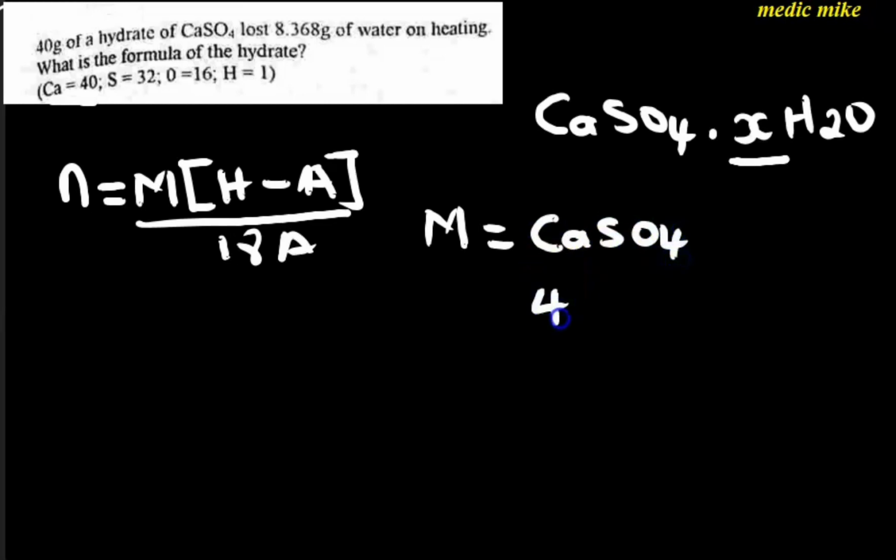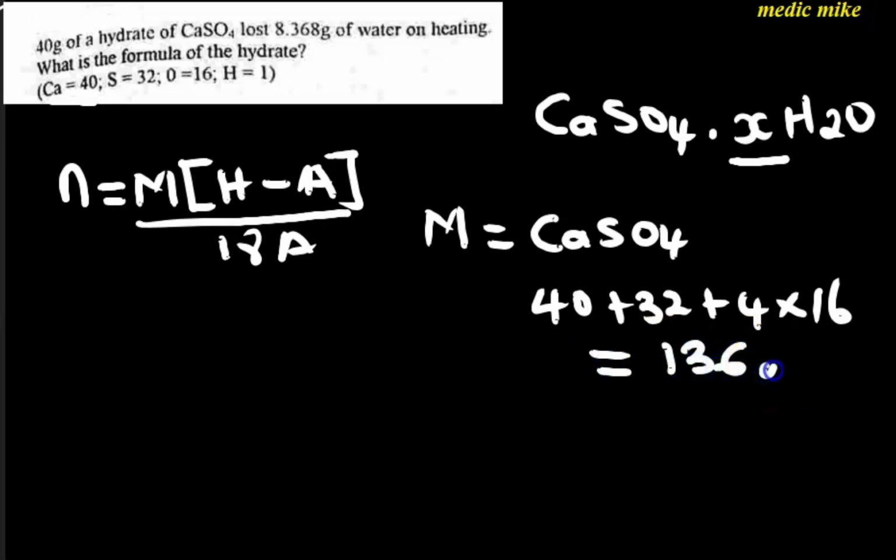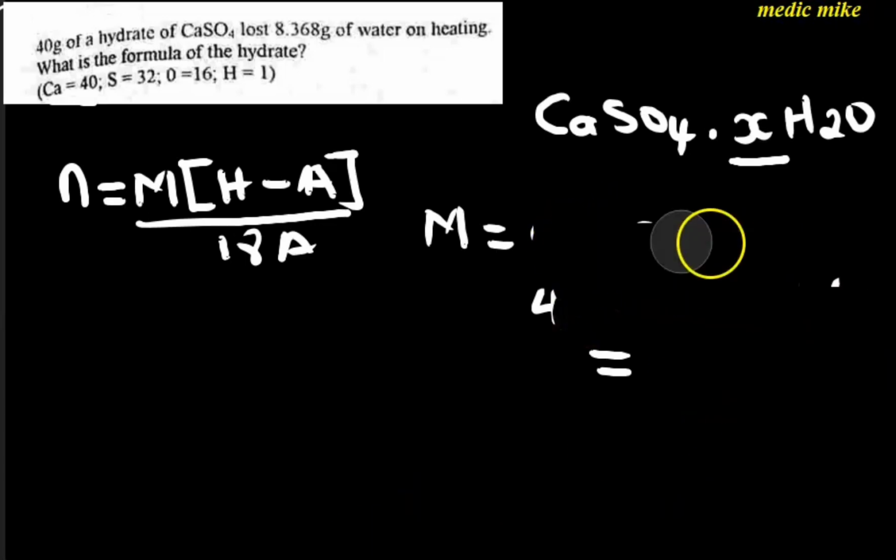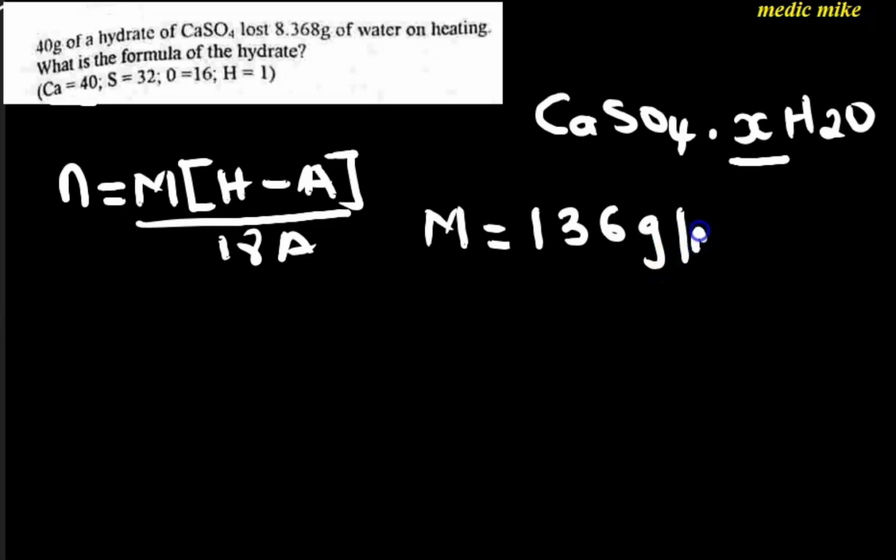So this will be 40 plus 32 plus 4 times 16. So when you punch all that together in your calculator, your answer will be 136 grams per mole. So that's our answer. So we already know our M to be 136 grams per mole. Write it down over here, 136 grams per mole.